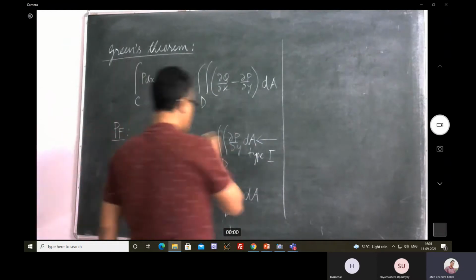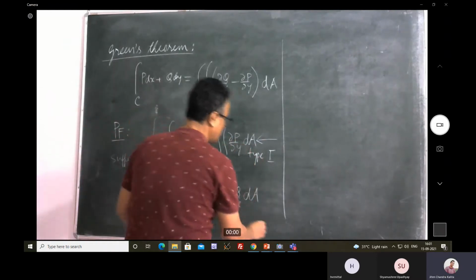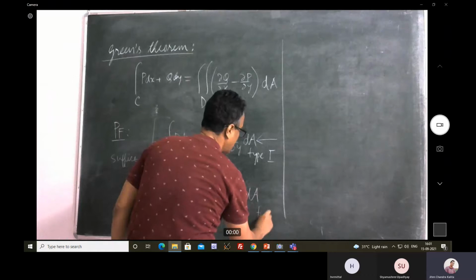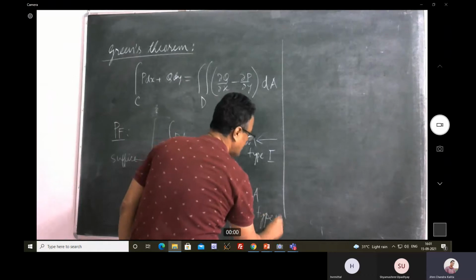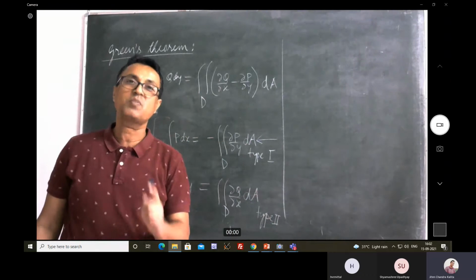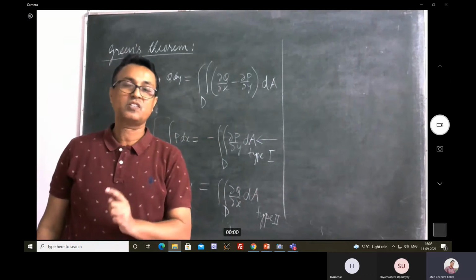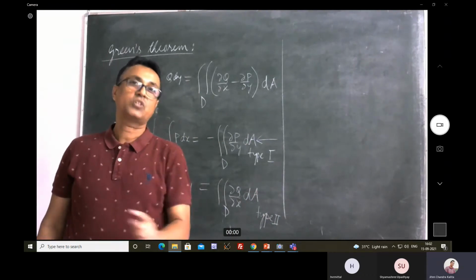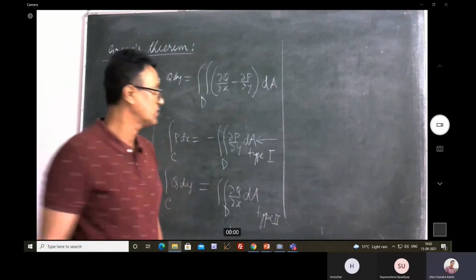And in order to prove the other part, he considered D to be a type 2 region, because the very definition of a simple region is that it can be expressed as both a type 1 and type 2 region.